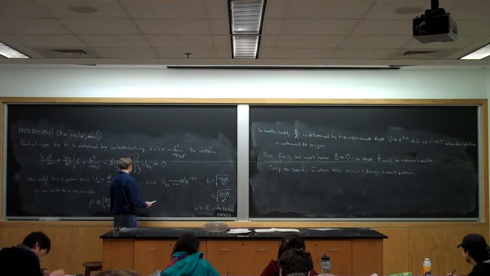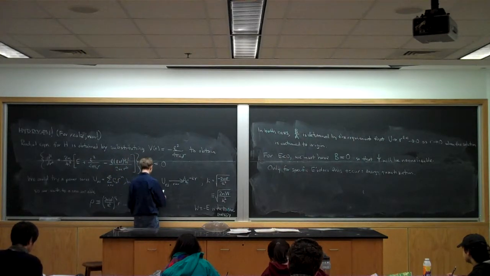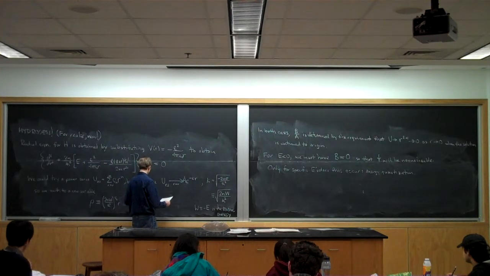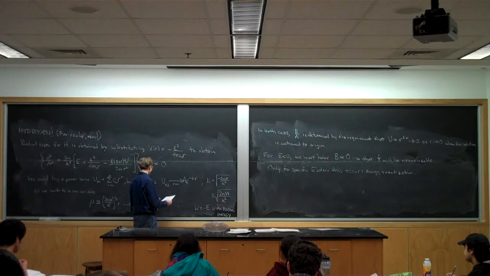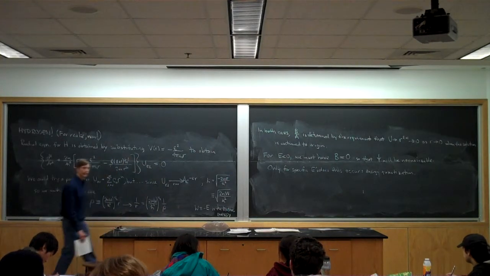So that 1 over r is equal to 2mW over h bar squared to the 1/2 times 1 over rho.